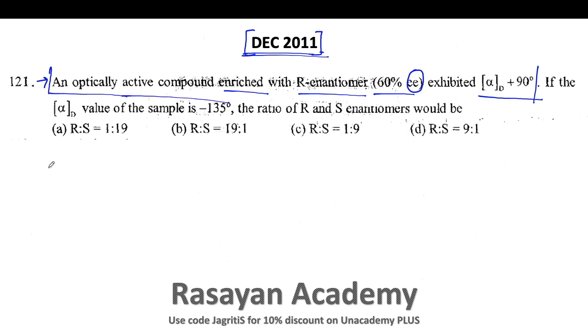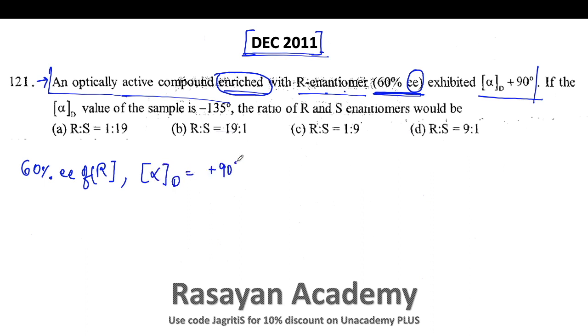What is it telling you? There is an optically active compound, but it is enriched only with the R enantiomer being 60% enantiomeric excess. So 60% enantiomeric excess of R isomer will show you a specific rotation of plus 90 degrees.